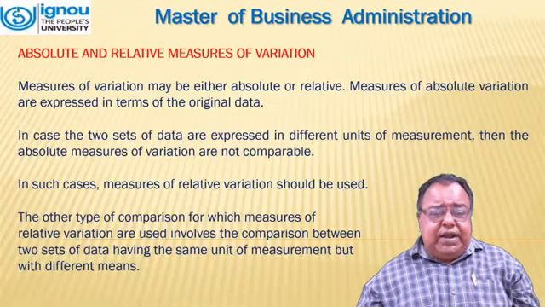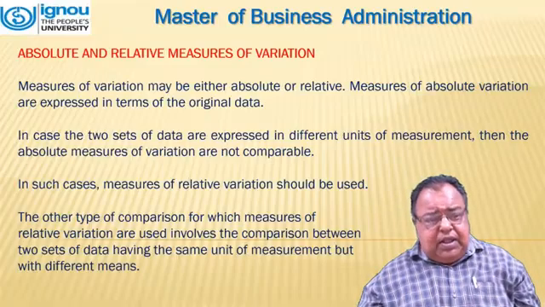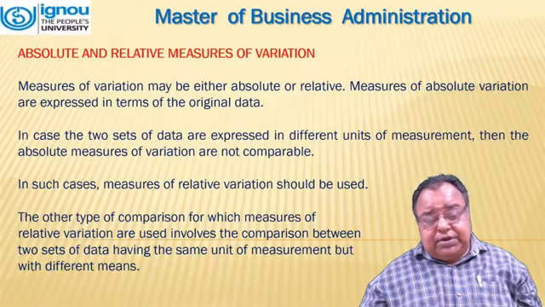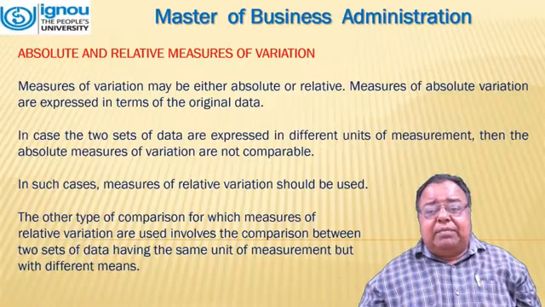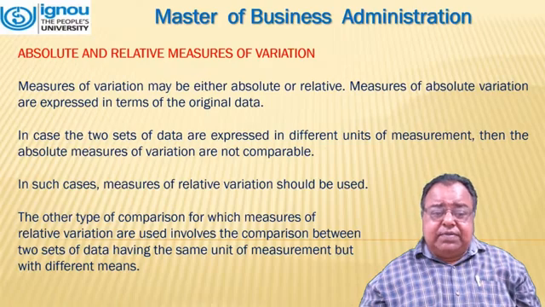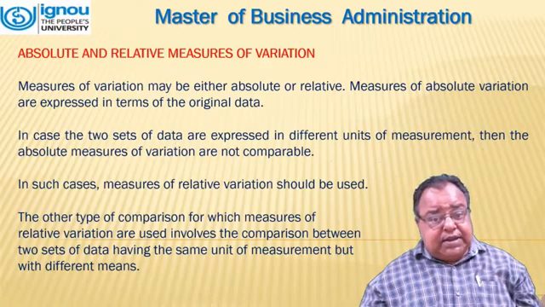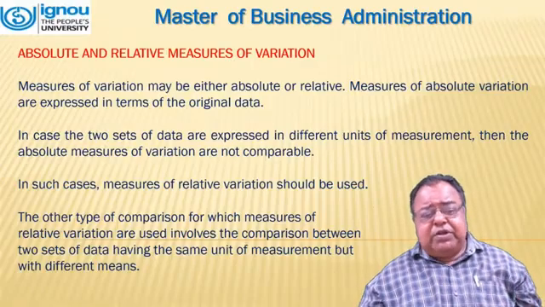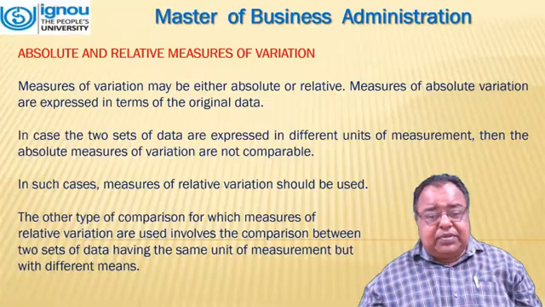What are absolute and relative measures of variation? Measures of variation may be either absolute or relative. Measures of absolute variation are expressed in terms of the units of the data. In case of two or more sets of data expressed in different units of measurement, the absolute measures of variation are not comparable.